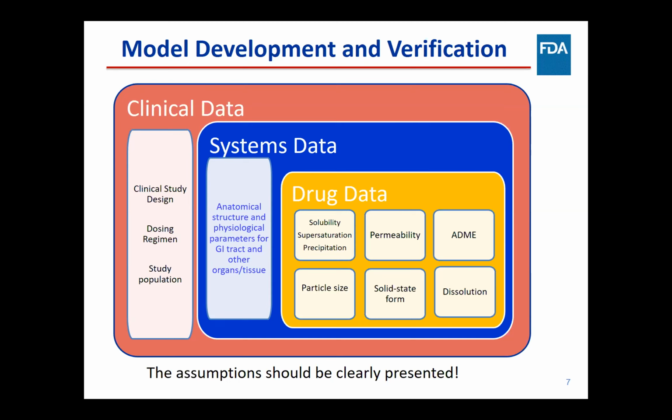Systems data includes anatomical structure and physiological parameters for the GI tract, for example, gastric emptying, gastric volume, regional permeability differences, or another organ tissue whenever applicable. Clinical data includes clinical study design, dosing regimen, and study subject population of the in vivo studies selected for model development and verification. Next slide, please.